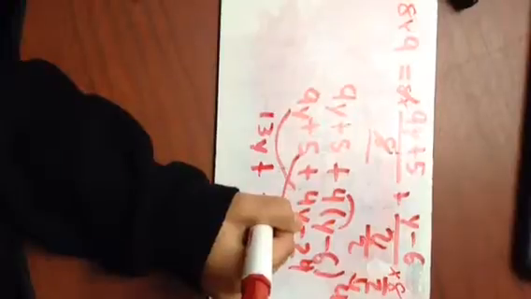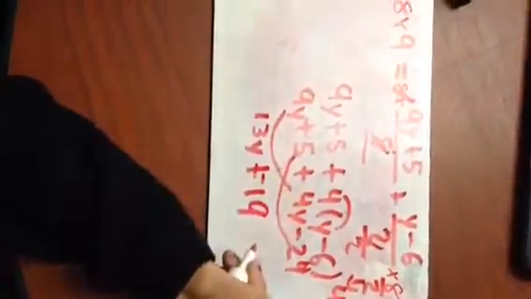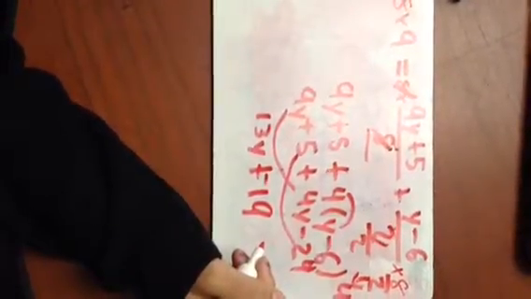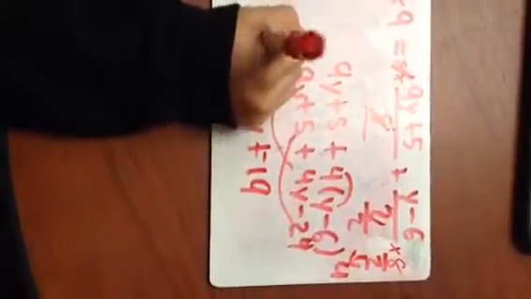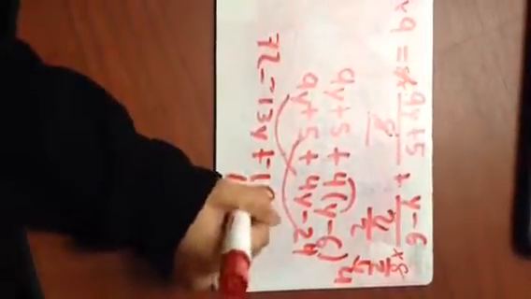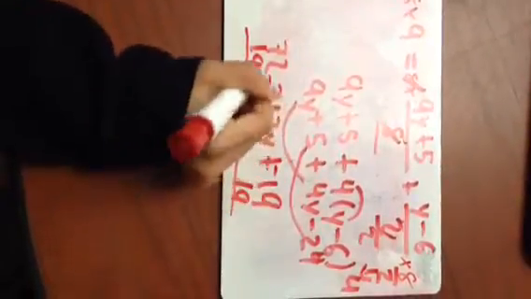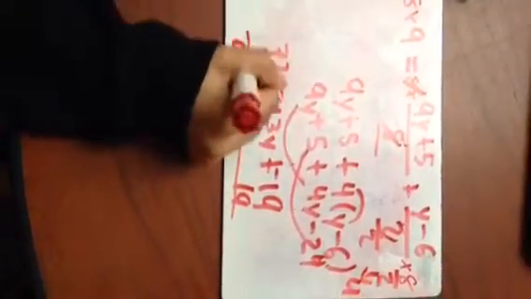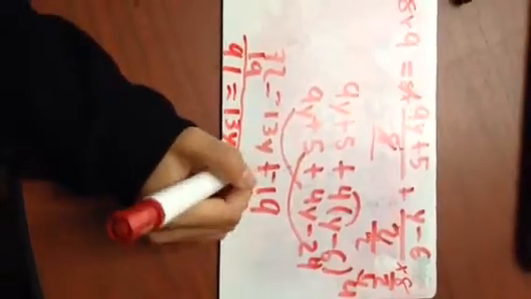This equals negative 19. Okay, now you add 19 to both sides of the equation. This equals 91.